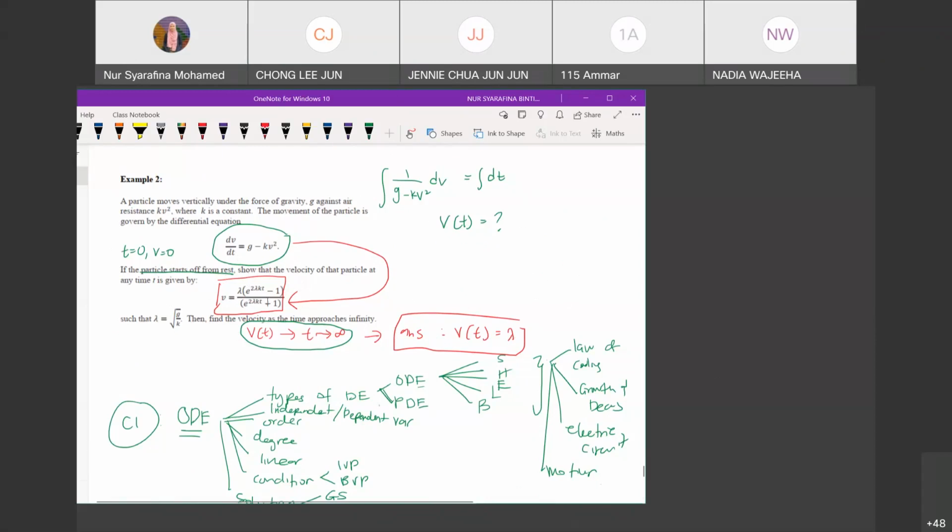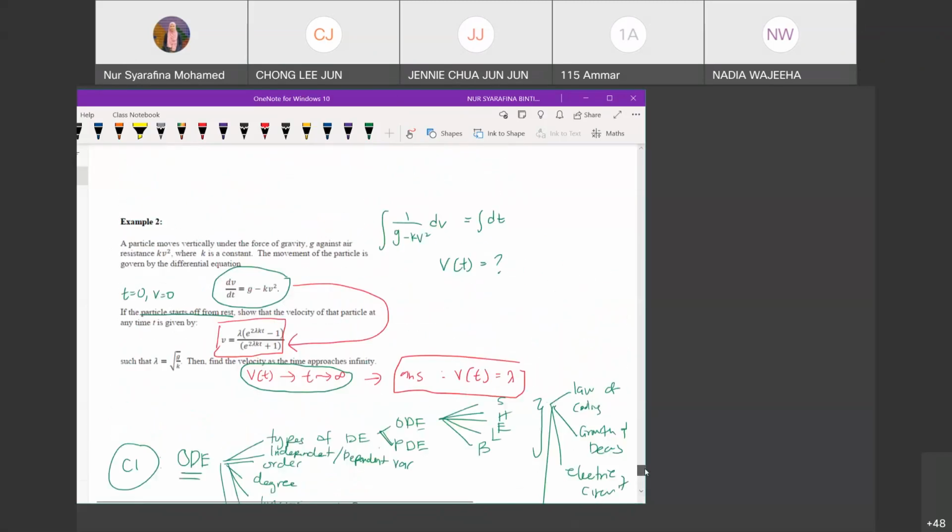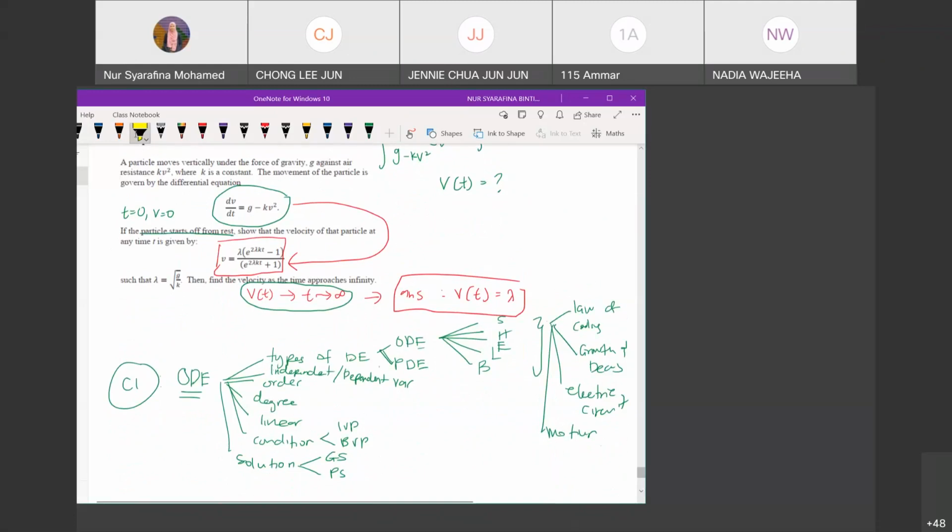Okay, so now basically we have finished this chapter. We started with understanding the terminologies: independent and dependent variable, the order, the degree, the linearity, the condition. We have IVP, BVP, and then there are two types of solution, general solution and particular solution.